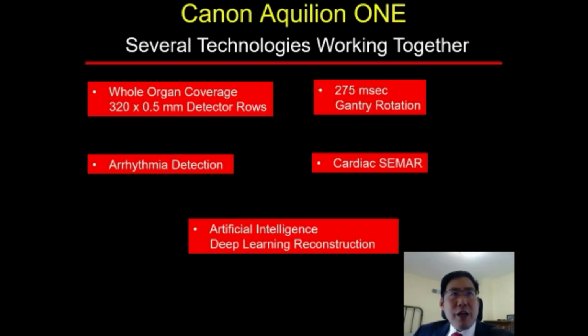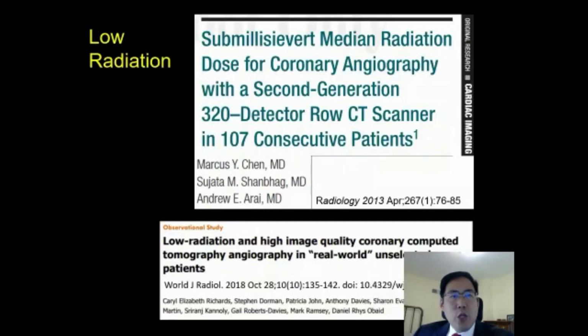Now, what I'd like to do is put all these different technologies together, and in my experience, with all these different technologies, you can consistently interpret difficult or challenging cases. When you use these technologies together, you can consistently give low radiation doses.